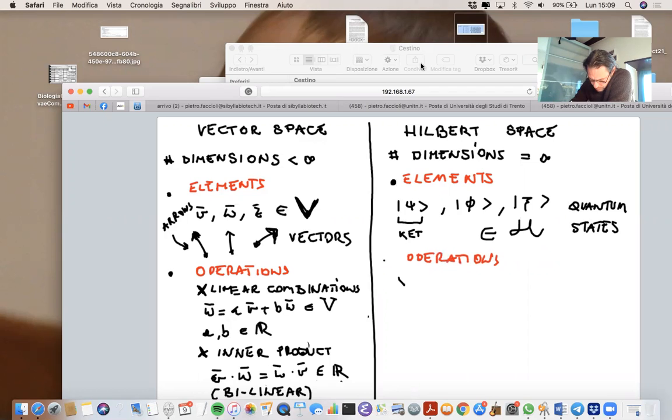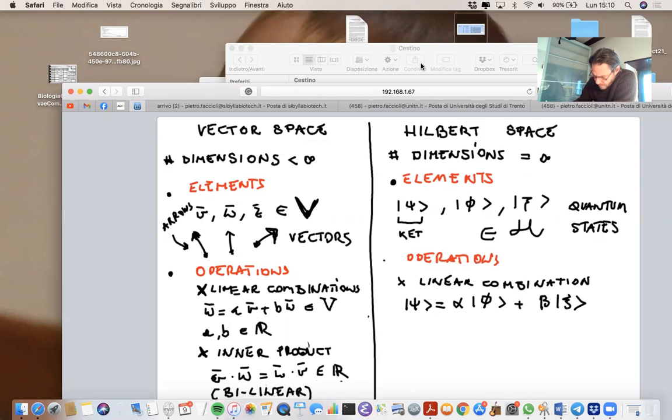operations. Of course, I have linear combination. Which means that I can take a quantum state psi and write it as a linear combination of some state phi and of some state psi.